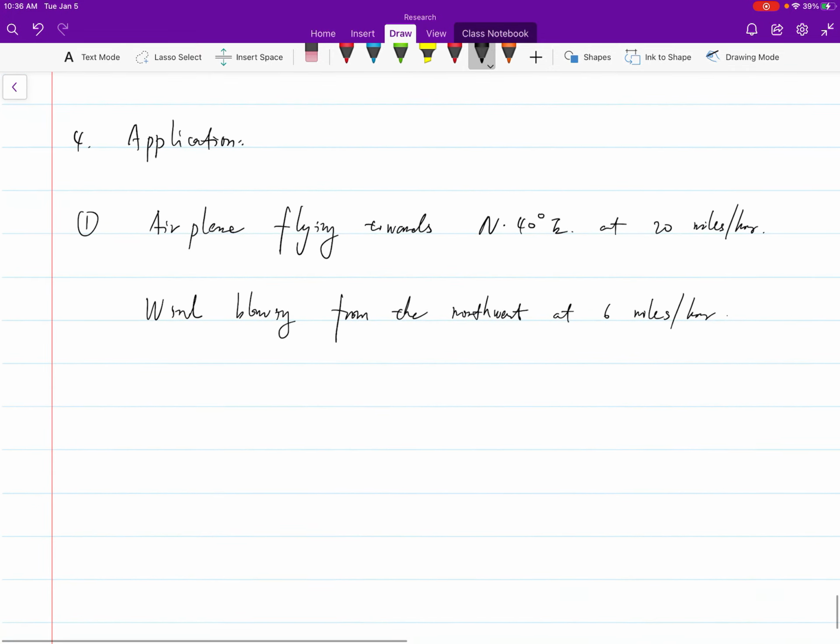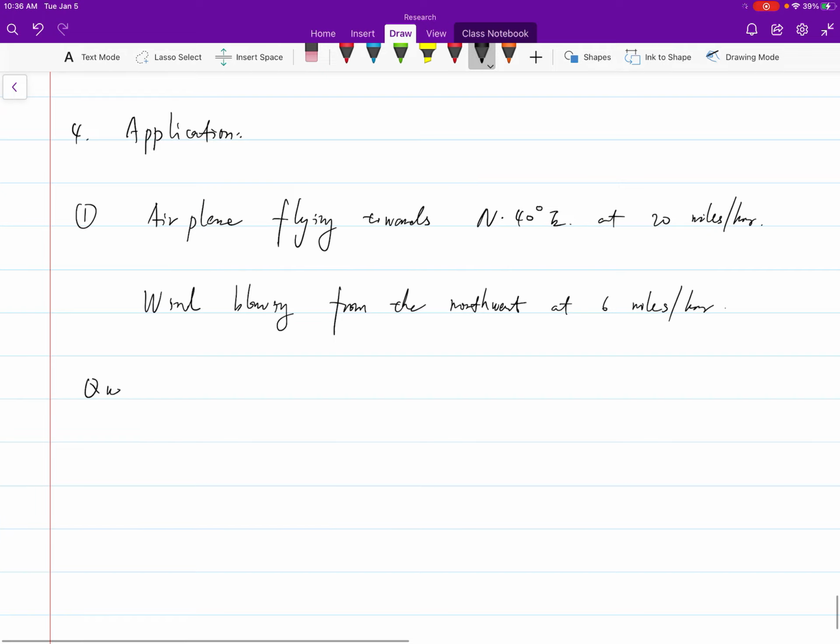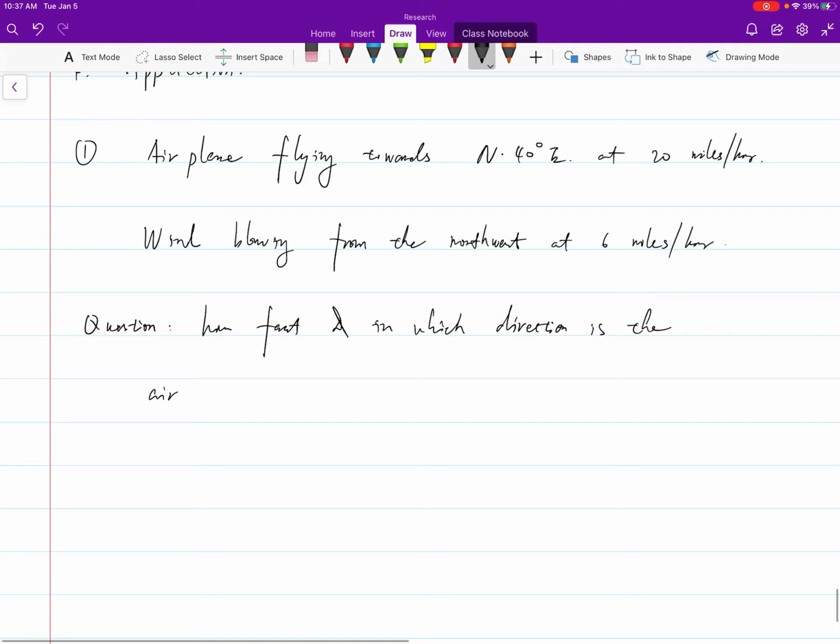Okay. So in this kind of condition, if you fly the airplane towards that direction, the question is, how fast and in which direction is the airplane actually flying?